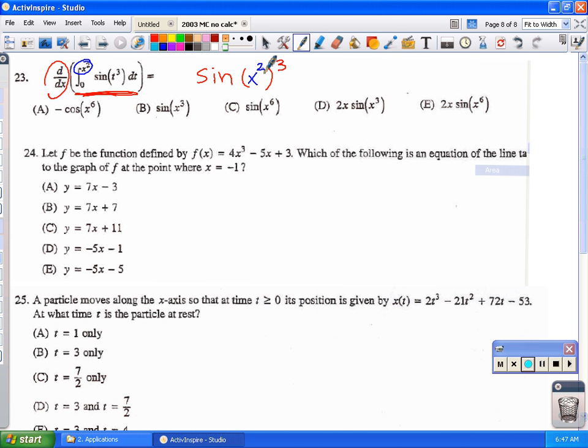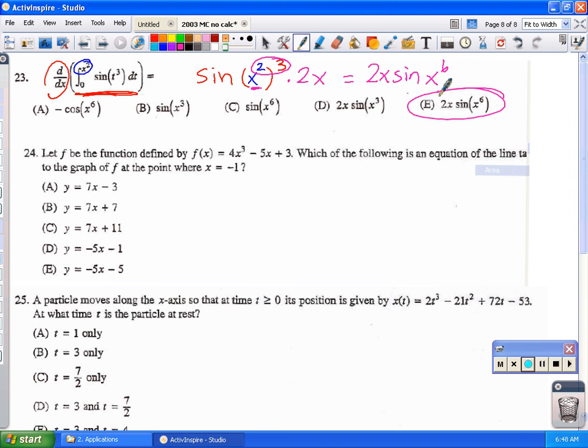Step number 3, multiply by the derivative of the new function. This is the new function, and the derivative of x squared is 2x. So we're looking for 2x sine x to the 6, because when you simplify that, 2x is out front, sine, and when you have a power to a power, you multiply the powers, and you get x to the 6, which is letter E.